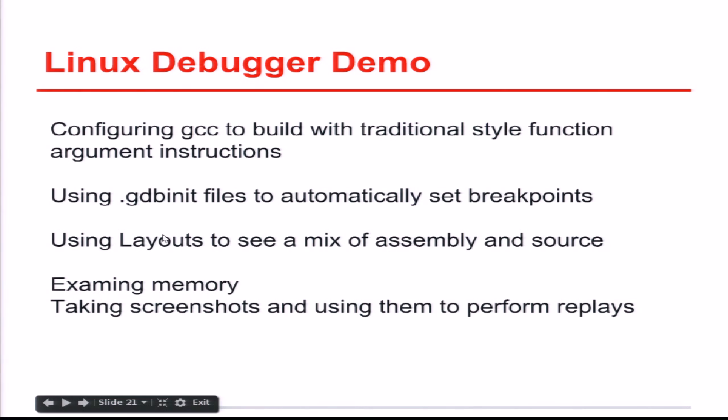And then using your layouts to see a mix of assembly, and how I'm going to be using screenshots of my GDB session so that I can play things back in time. When you're writing code and you're going through a debugger, it's easy to get lost when you're following something, but you want to be able to back it up.